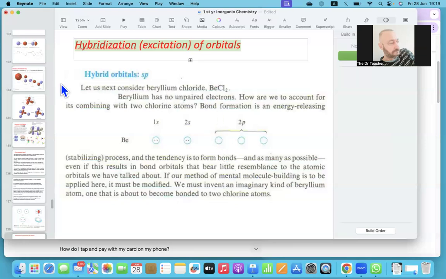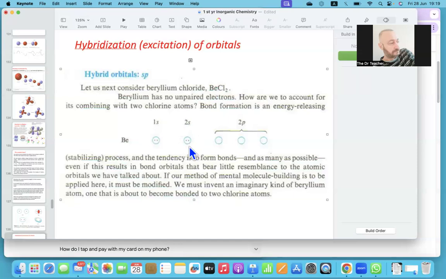What does that mean? For beryllium chloride, as we said before, we need single electrons to form bonds. So how does beryllium have two electrons in 1s and two electrons in 2s? We don't use 1s; these are the core electrons.